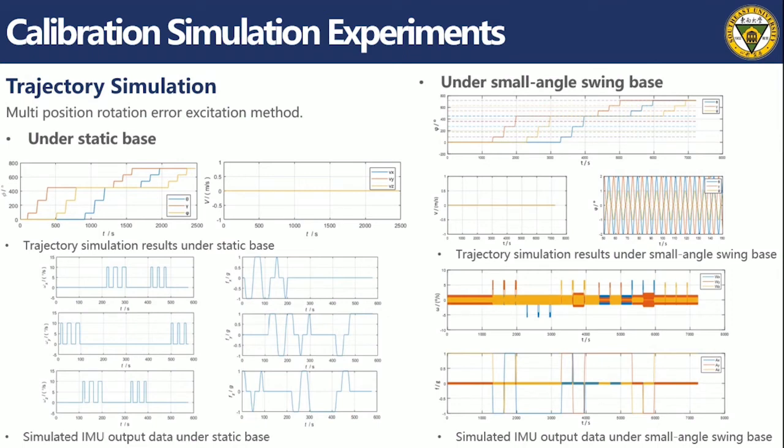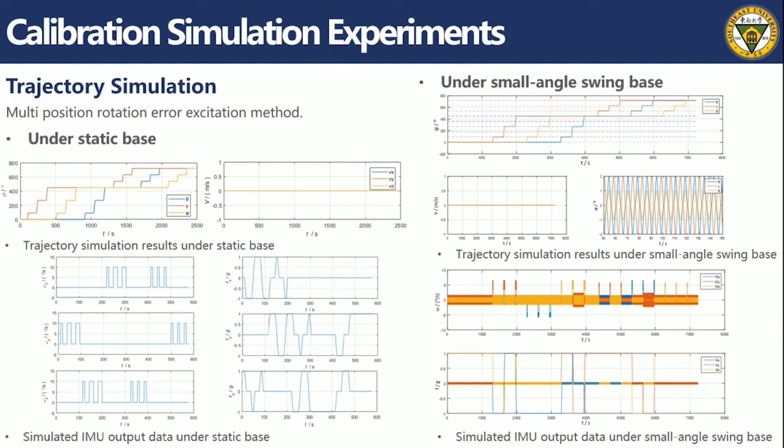Calibration simulation experiments will be performed under both static and small angle swing basis based on systematic calibration method designed above. This page shows the trajectory simulation results of multi-position rotation error excitation method under both static and small angle swing basis.